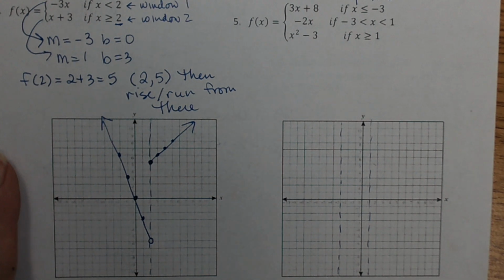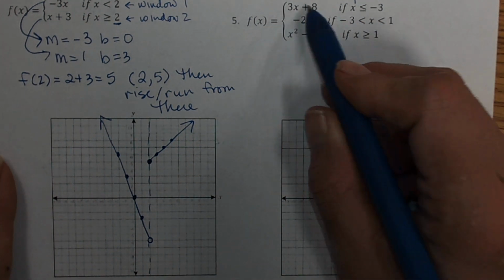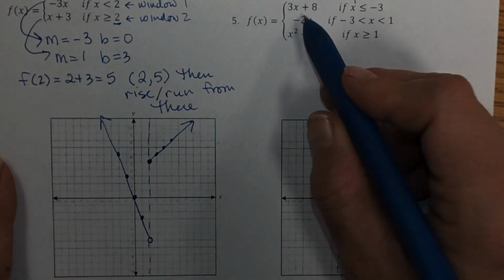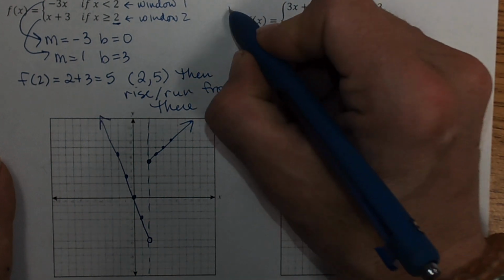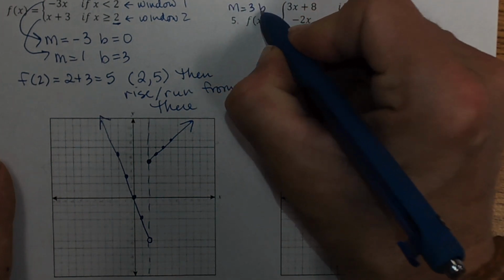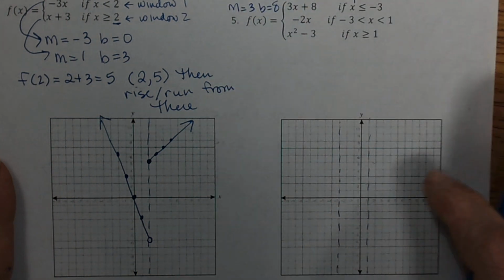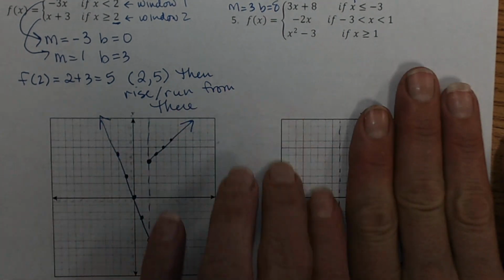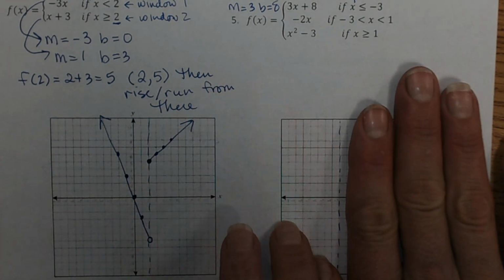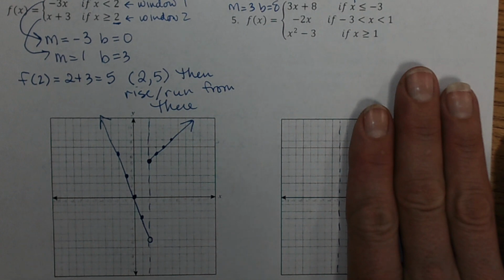All right, so again, when I look at this 3x plus 8, I know that my slope is 3 and my b is 8, but whenever I look at the window where I'm plotting it, I don't have access to the y-intercept or the y-axis to plot that b.